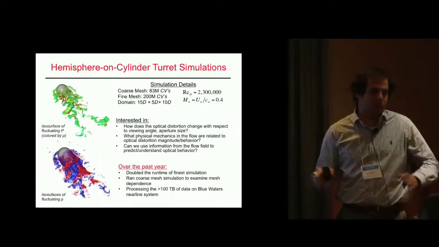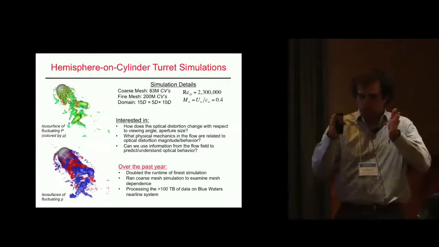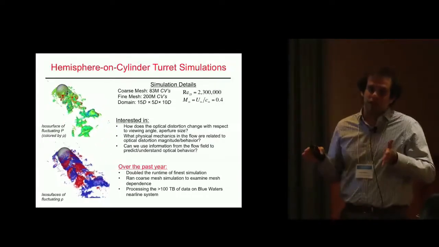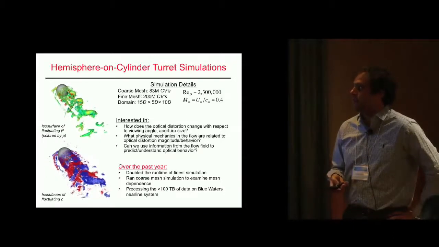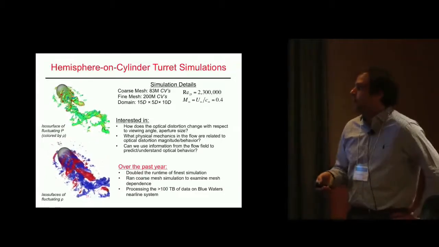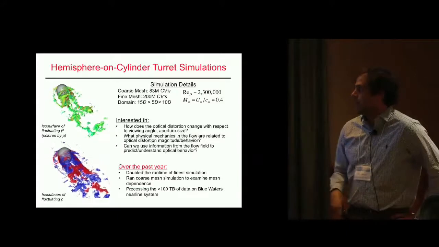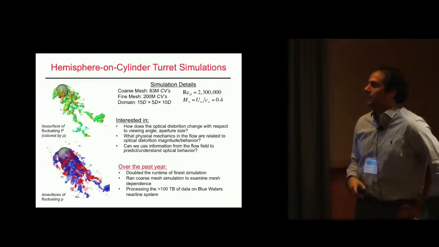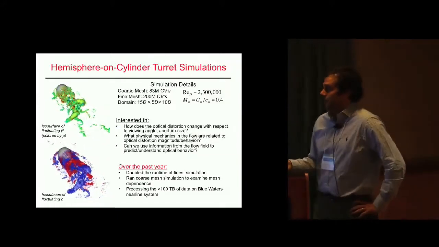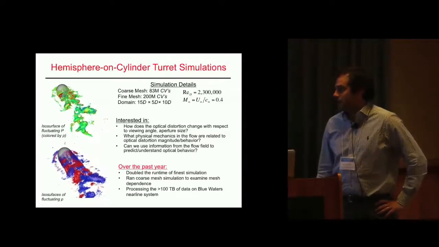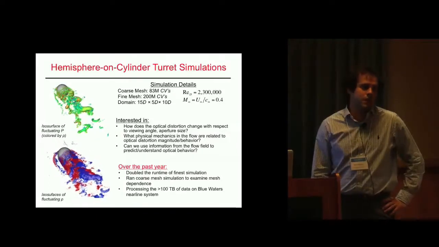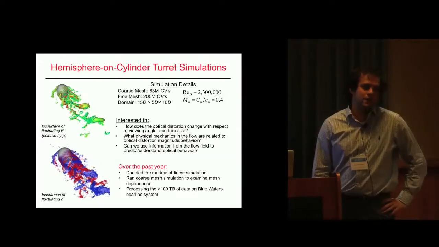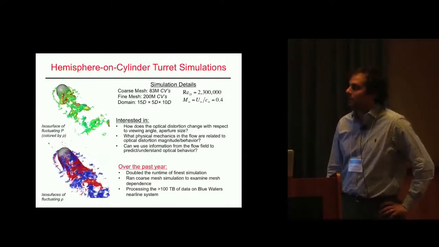So you can have big shifts in the optics depending on if you're looking from side to side, and it needs a long time to converge some of these statistics if you're trying to capture the whole thing. So we also ran the coarse mesh simulation to look at the mesh dependence. And I've created quite the database out of this. I have about 100 terabytes of flow data to go through and look at and try and crunch this problem a little bit.